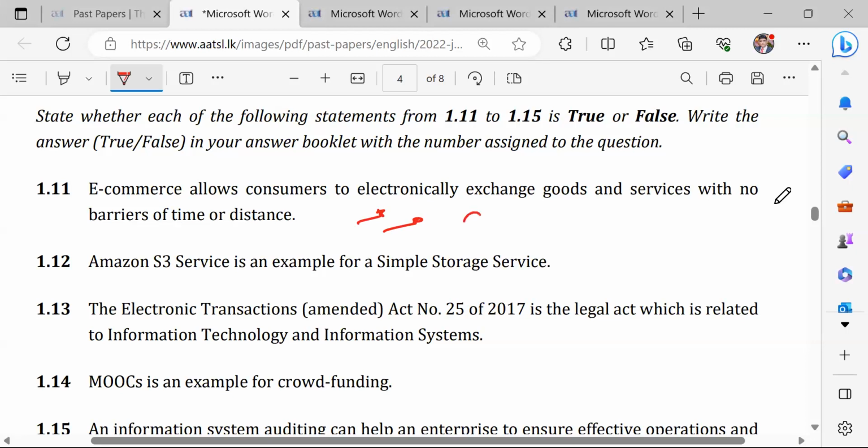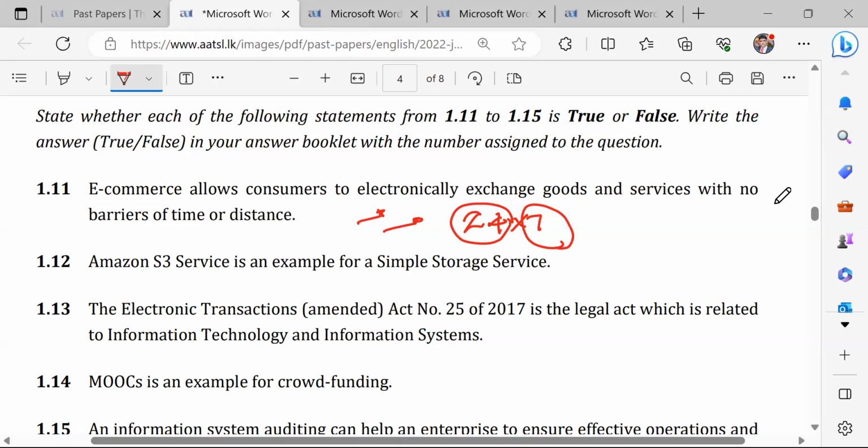In the electronic commerce context, we say 24/7. 24/7 means 24 hours in the day and 7 days in the week. That means every day, every time, there is no unavailability of these services.